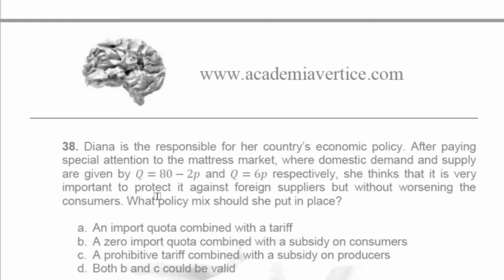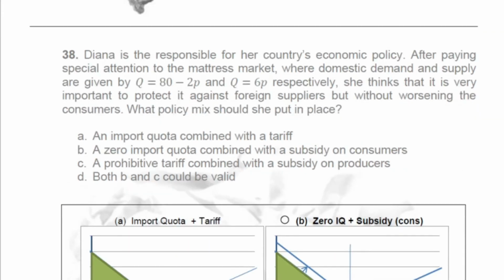What policy mix should she put in place? Okay, we want to protect the domestic suppliers, so firms, okay, and we don't want to the consumers to be worse off. So an import quota combined with a tariff.